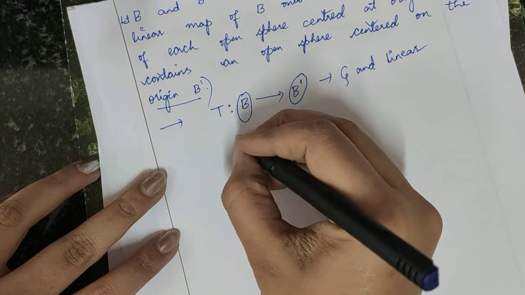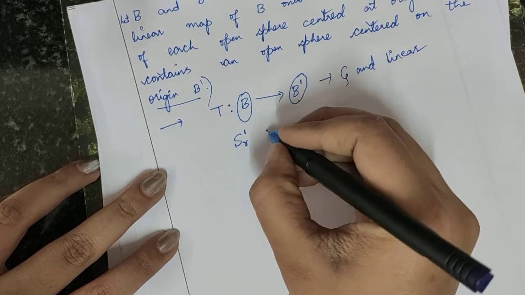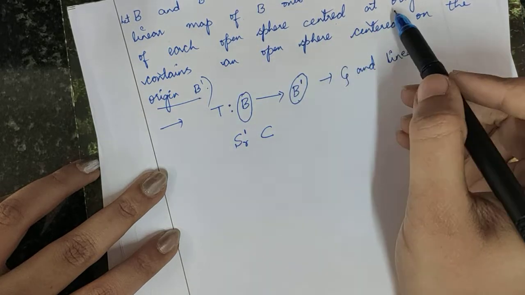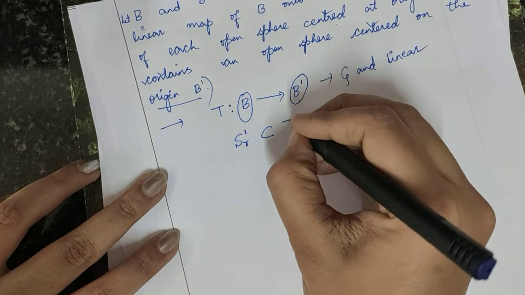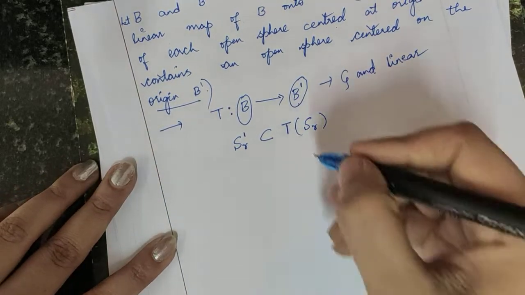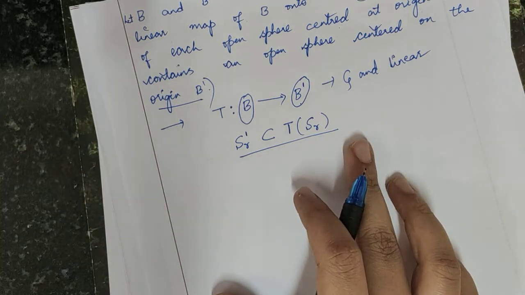That means if I choose SR prime as an open sphere in B prime, this is contained in the image of each open sphere centered at the origin in B. That means I can write that in the form of T of SR. This is what we are supposed to prove. So let's see how we can prove this.